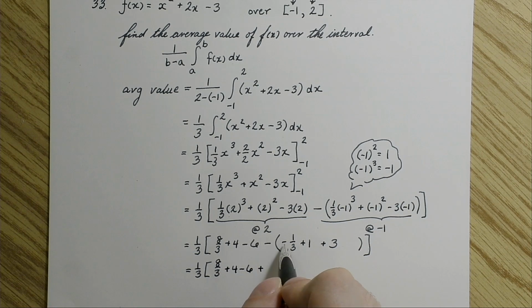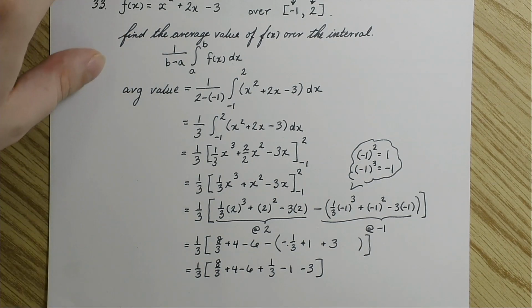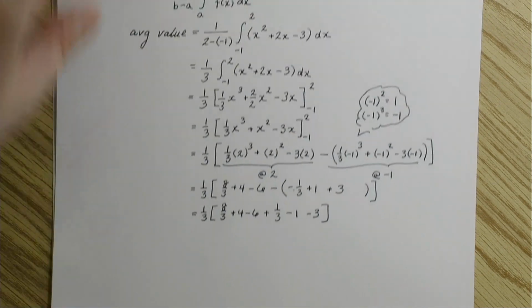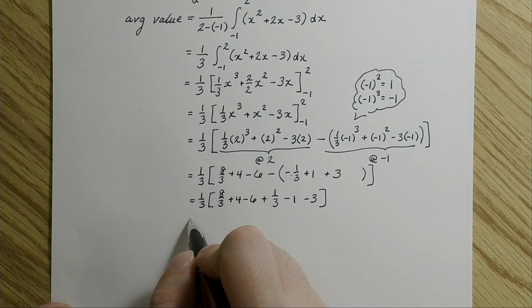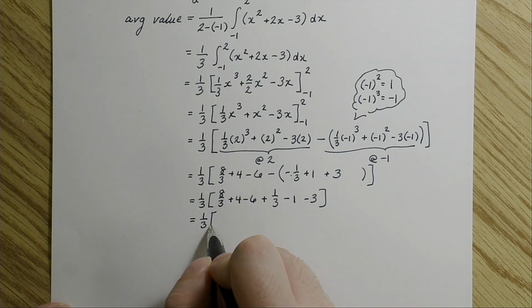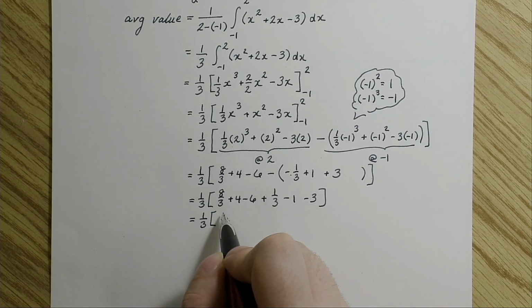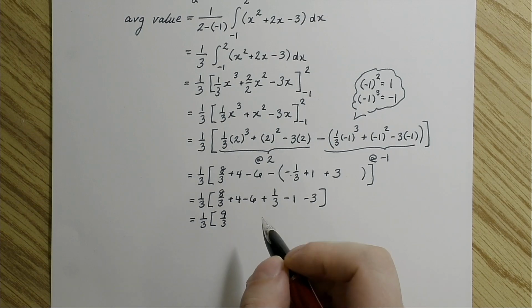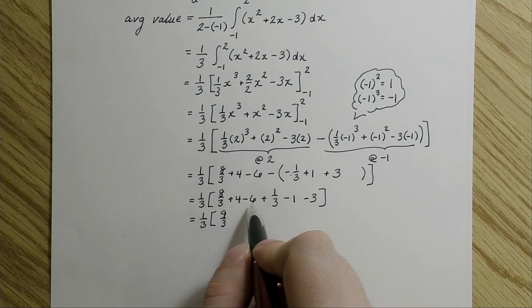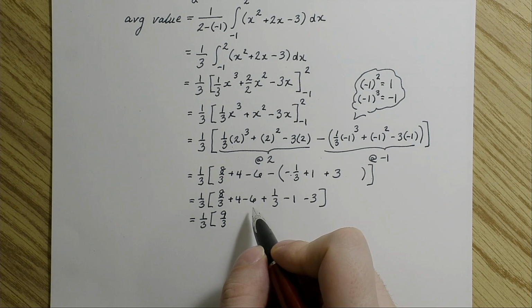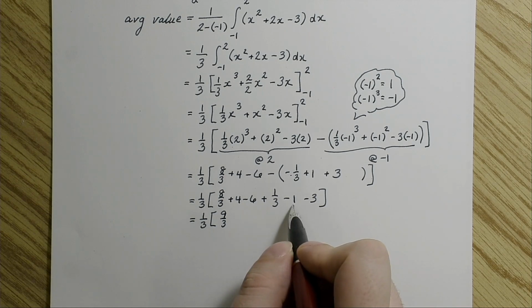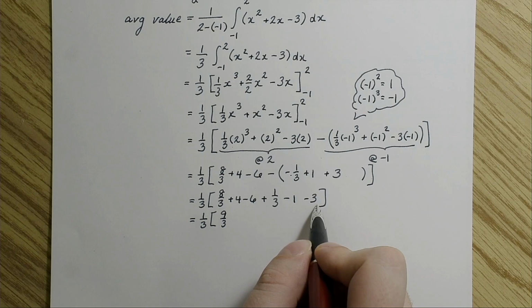Now I can distribute this negative, so minus and minus gives me a positive 1/3, minus 1, and then minus 3. I have 8/3 plus 1/3, that gives me 9/3. I have 4 minus 6, that gives me minus 2, minus 3, minus 6.